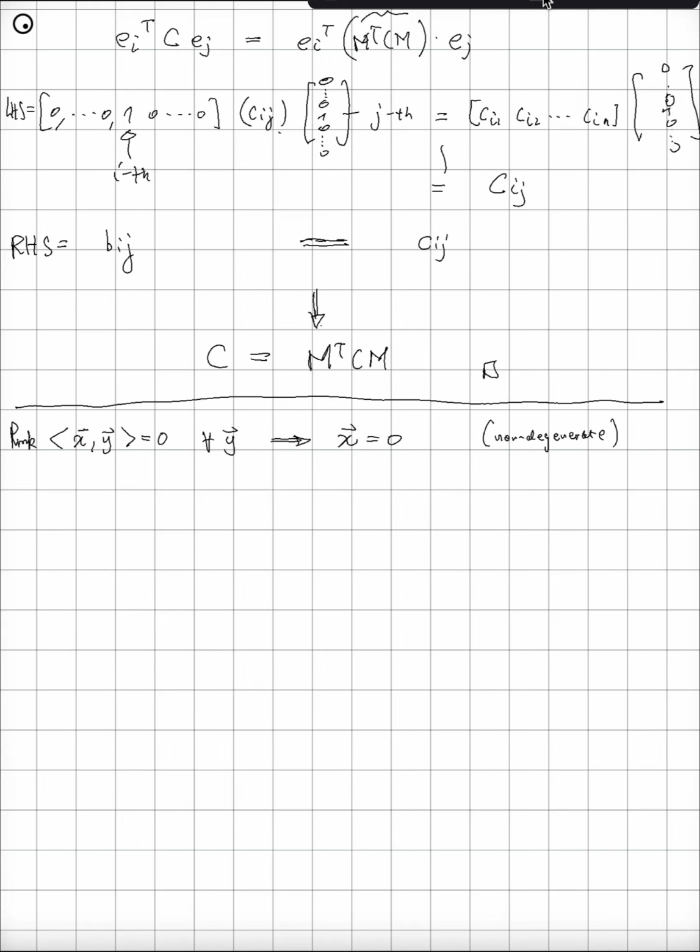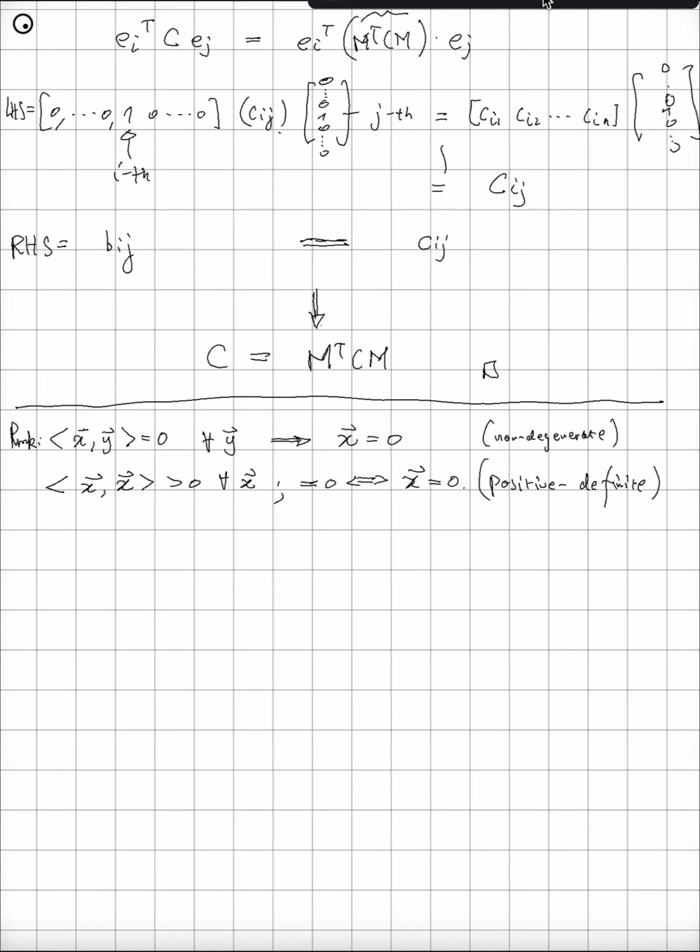But an inner product requires something called positive definite, which requires that xx is bigger than 0 for any x, and equals 0 if and only if x equals 0.